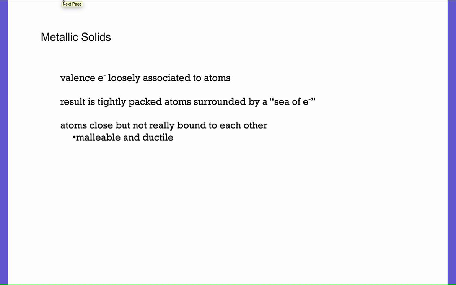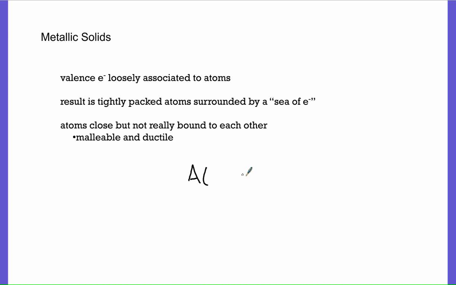And then finally, we have metallic solids. Right? These are different than the others because metallic structures have this sea of electrons that we like to talk about. So essentially, you have these atoms. So if I have an aluminum bottle or can or whatever, I have this metal, right?